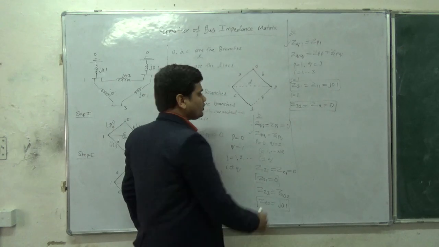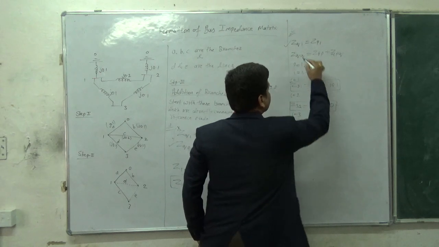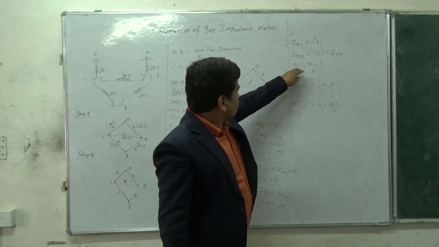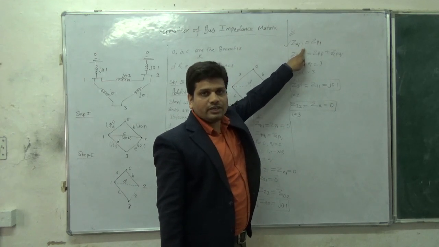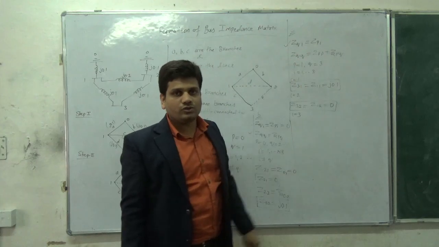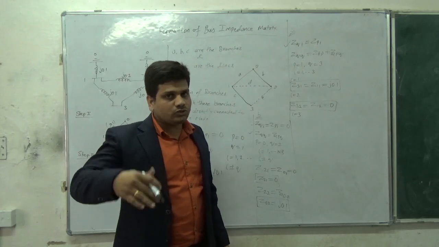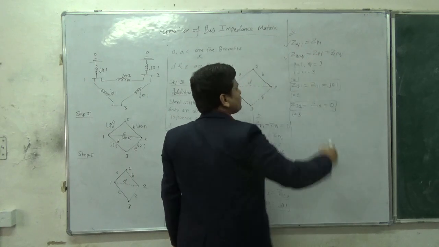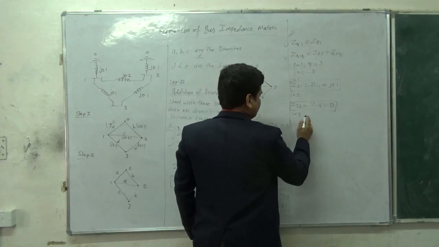Now put I is equal to 3 in this formula. So what can I see? Q is 3, I is 3, Z33. Is there any utility of this formula for I is equal to 3? No. Now when I becomes Q, switch to the next formula, and the next formula is given to me, that is ZQQ. This is for diagonal and this is for off diagonal. So I am using this one.